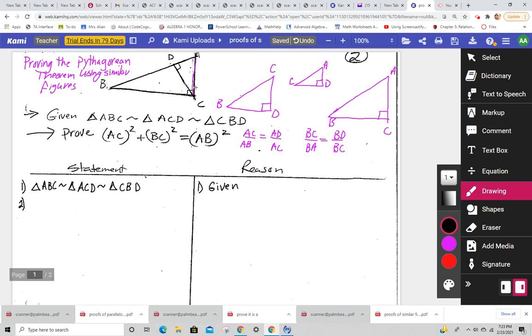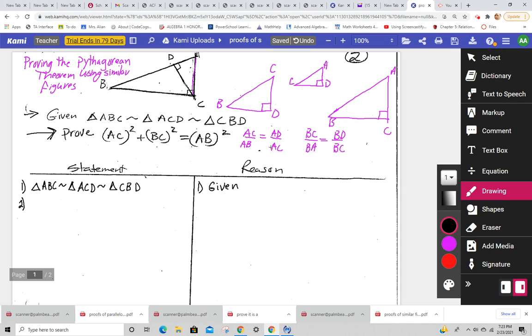AC, this leg, squared, plus BC, this leg squared, equals AB, this distance squared. We're going to prove the Pythagorean theorem using similar figures. The first thing I did was separate the figures, and I wrote some useful proportions.